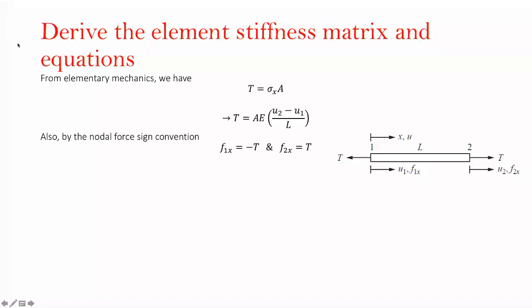You will figure out that little f1x equals minus T, and f2x is T. These are the force equilibrium equations at nodes number 1 and 2.